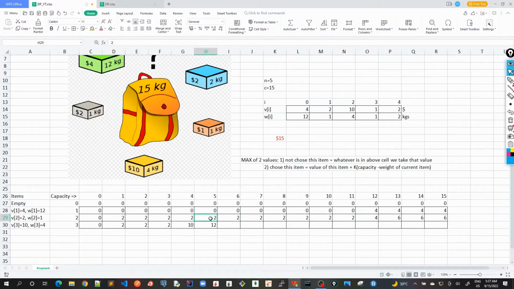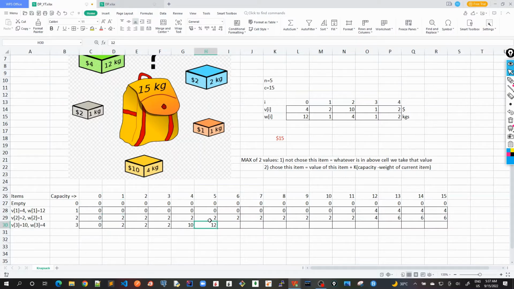So we found that 2 was the first case when we don't choose this item. It was the max of 2, or the max of, if we include this item, 10. So the value of this item is 10 plus the knapsack value that we found by reducing 5 minus 4, the weight of this item, which is this one.